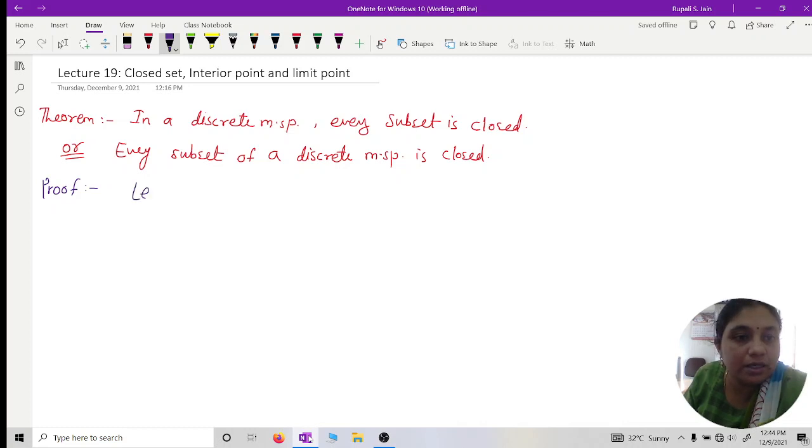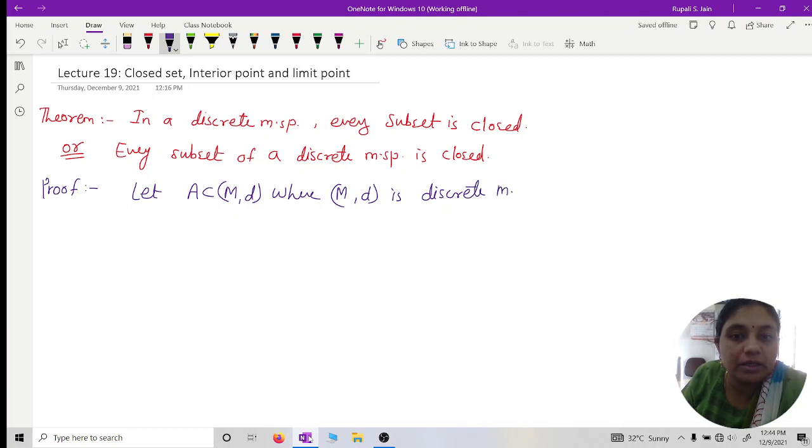Let A be any arbitrary subset of M, where (M, d) is a discrete metric space.